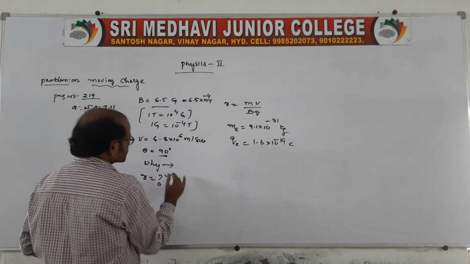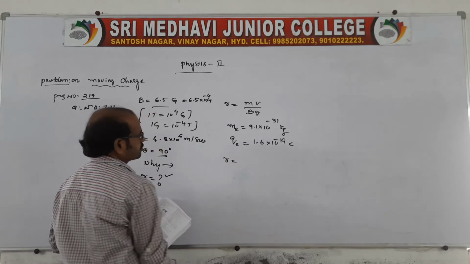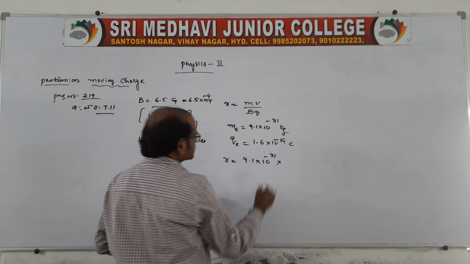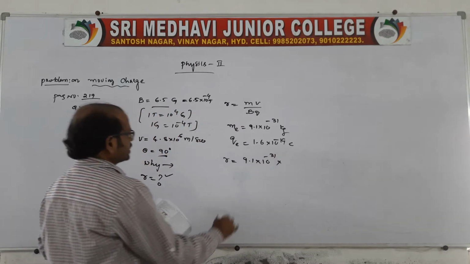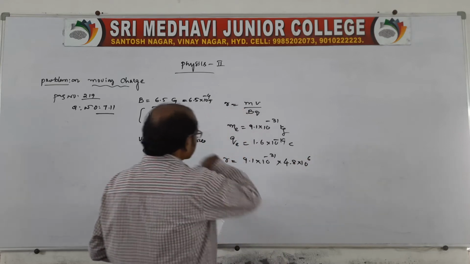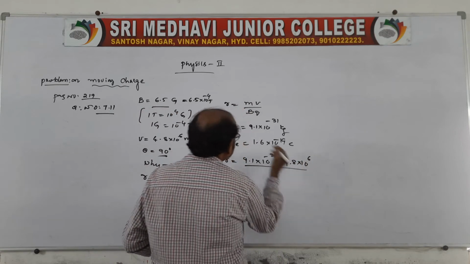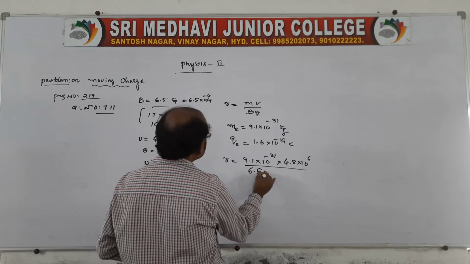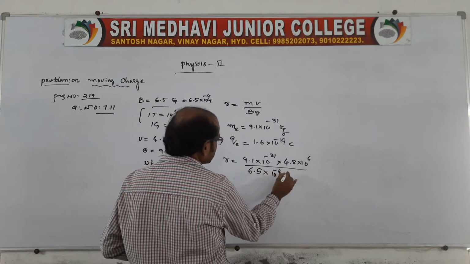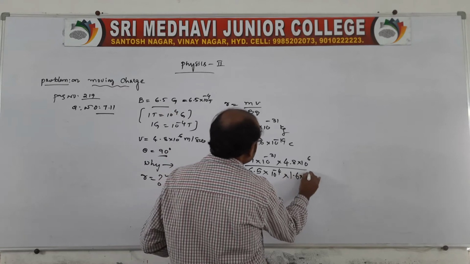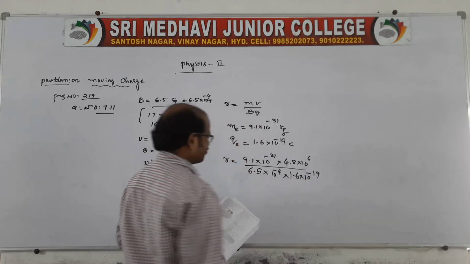Now we need to get the radius. R is equal to mass 9.1 into 10 power minus 31, times the speed 4.8 into 10 power 6, divided by B which is 6.5 into 10 power minus 4 Tesla, into charge of electron 1.6 into 10 power minus 19.